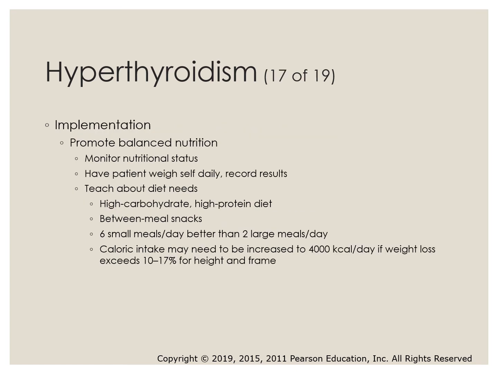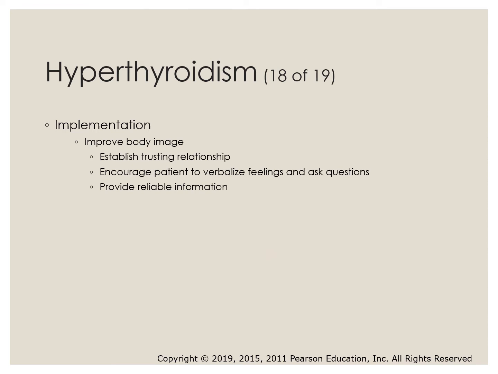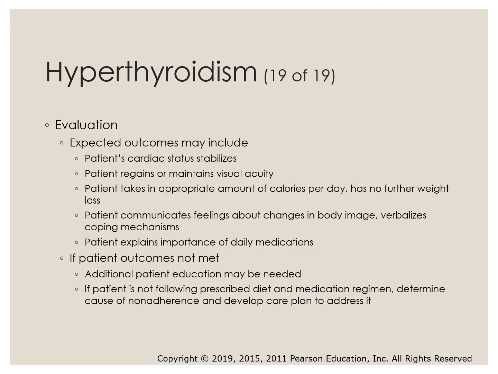Balanced diet, high protein, high carbs, in between meal snacks, 6 small meals a day, better than 2 large meals, and you want to increase the caloric intake to about 4,000. And then body image, nobody wants to lose their hair, nobody wants to be underweight, where they look frail, and so we need to encourage them, to know that they're doing everything that they can, okay?